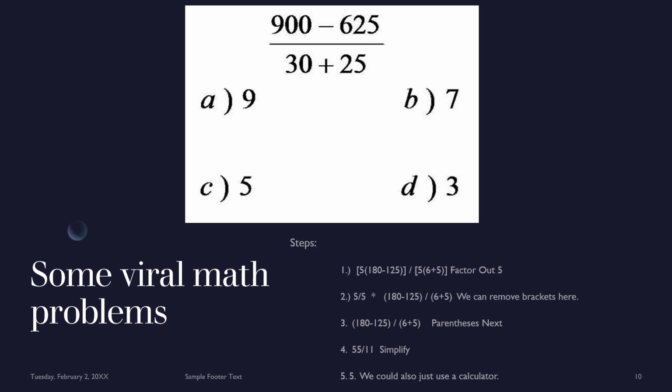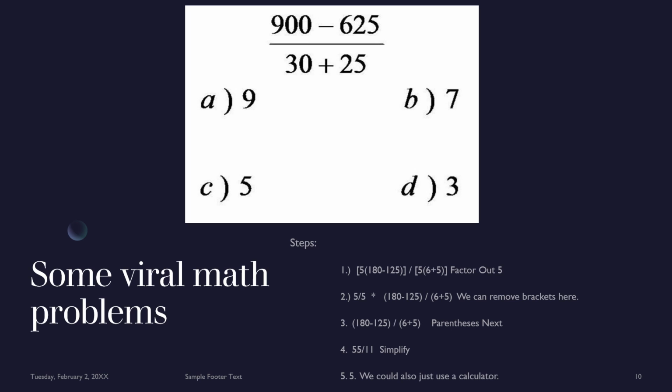So to simplify things further, we're going to remove the brackets from it and rewrite the problem as 5 divided by 5 times 180 minus 125 in parentheses divided by 6 plus 5 in parentheses. Again, I'm just doing this to make the problem less ambiguous, and as we all know, 5 divided by 5 equals 1.